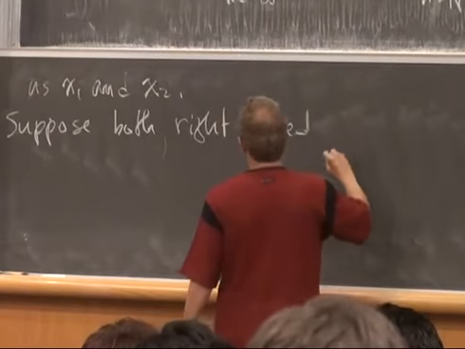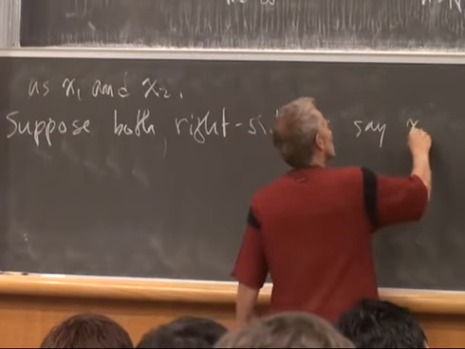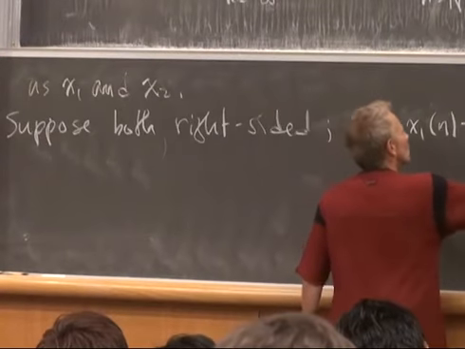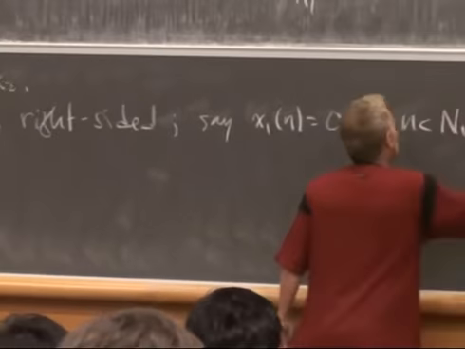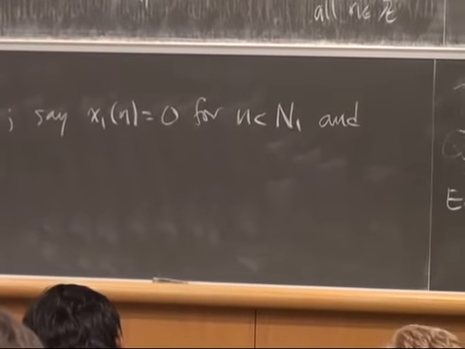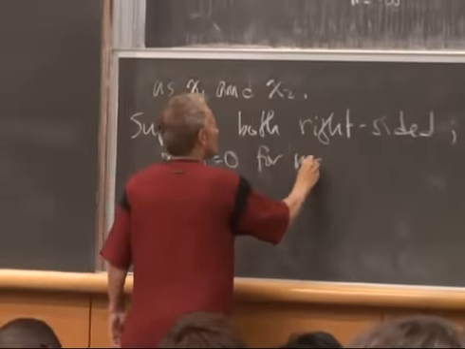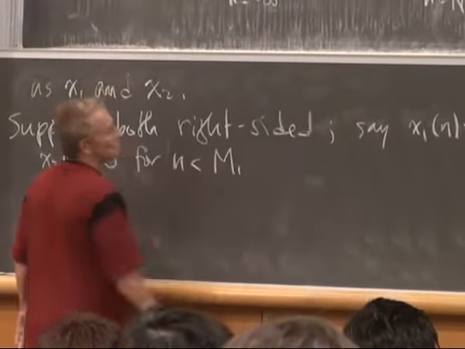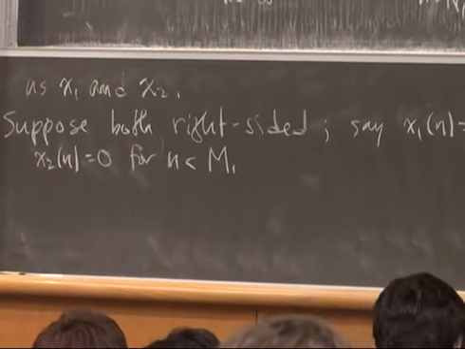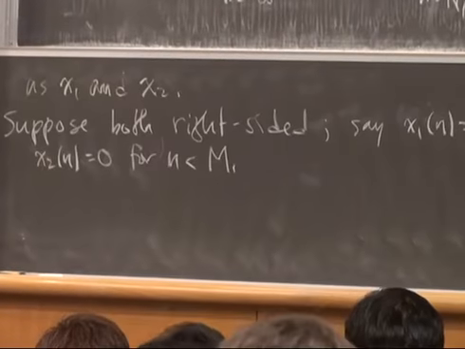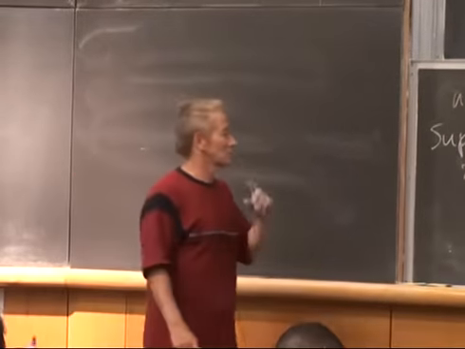Suppose specifically that x1 of n is 0 for n less than capital N1, and x2 of n is equal to 0 for n less than capital M1. So they both have on times. They might be different. Like x1 might turn on at time 0, x2 might turn on at time minus 10 to the 59th. Who knows?